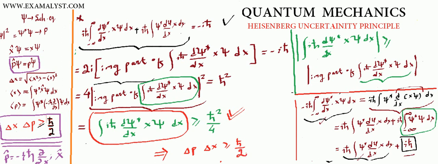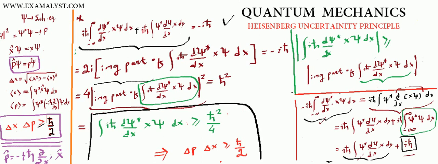In the beginning of the lecture, I stated very carefully that somehow we need to reach this function from the initial starting function, and finally we reached it. Then we reached from here to here using the Schwarz inequality.